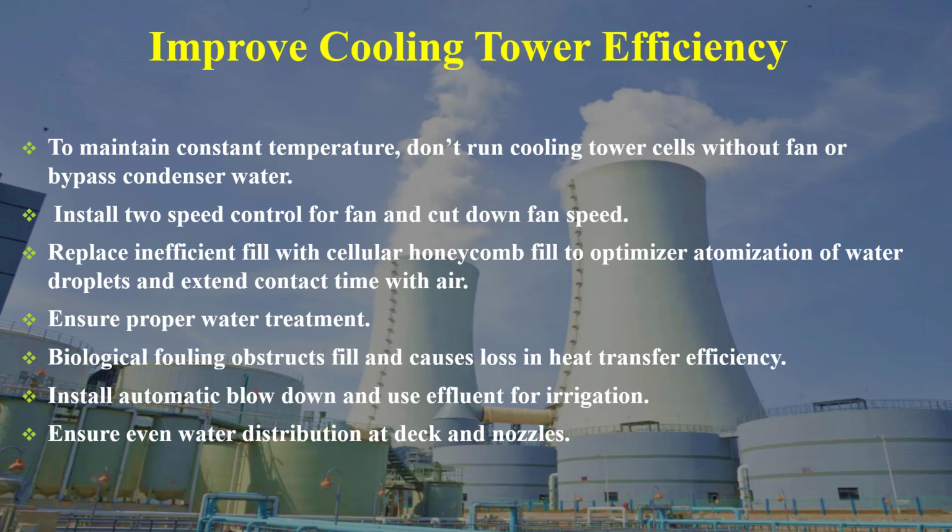Ensure proper water treatment. Biological fouling obstructs fill and causes loss in heat transfer efficiency. Install automatic blowdown and use effluent for irrigation. Ensure even water distribution at deck and nozzles.